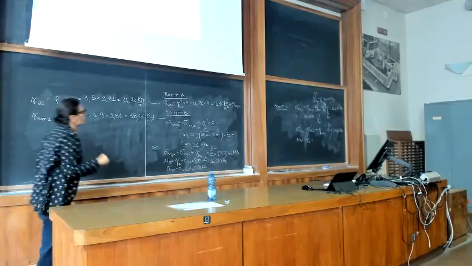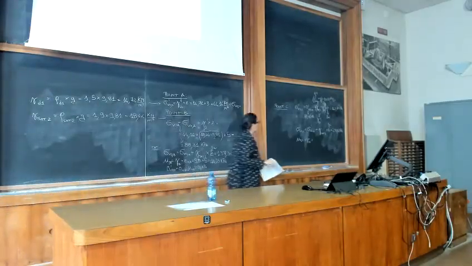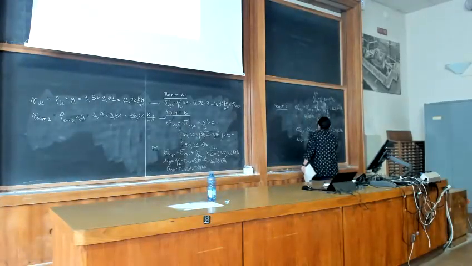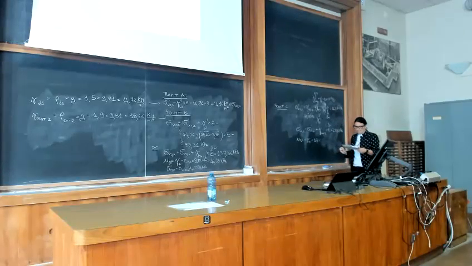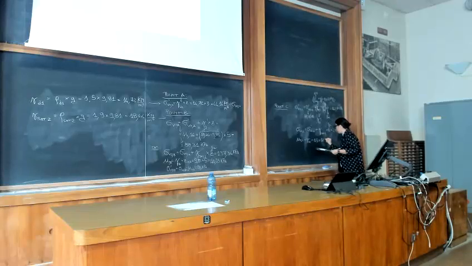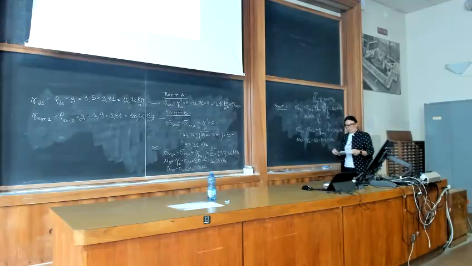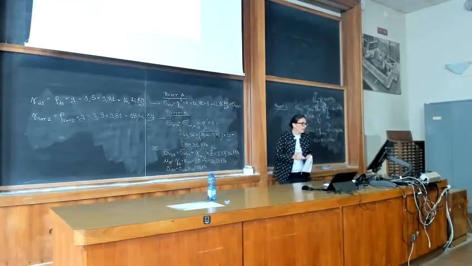So you have to multiply gamma W by 13 meters, and you get 127.53 kPa.